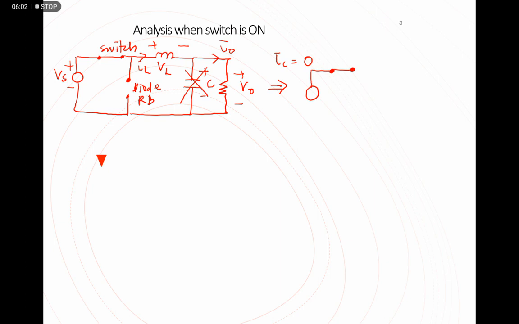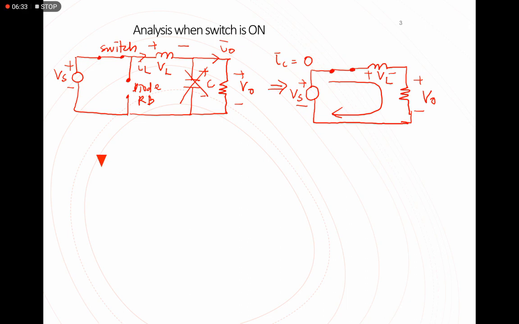Since your diode is an open circuit, you can just assume that there is no diode there. Alright, so this is how the current flows from the input to your output.